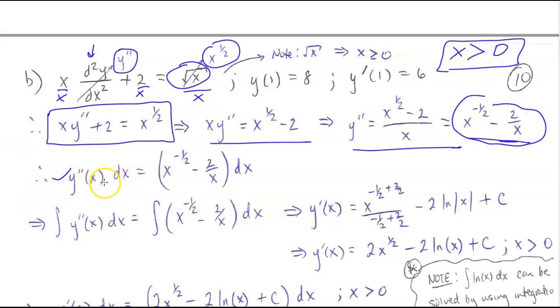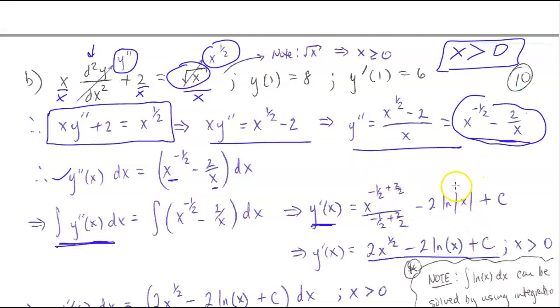So we have y double prime times dx is equal to x raised to negative 1/2 minus 2 divided by x, all that times dx. And we just need to take the antiderivative of both of these terms twice. Okay, so we take the most general antiderivative of y double prime to get y prime, and using basic antiderivative rules we end up getting 2 times x raised to 1/2 minus 2 times natural log of x plus c.